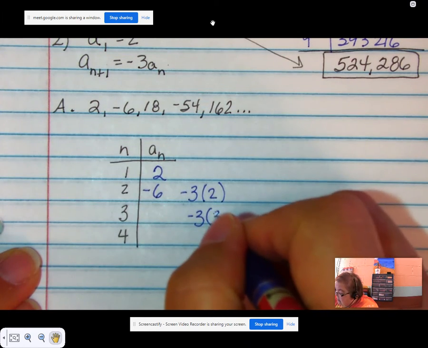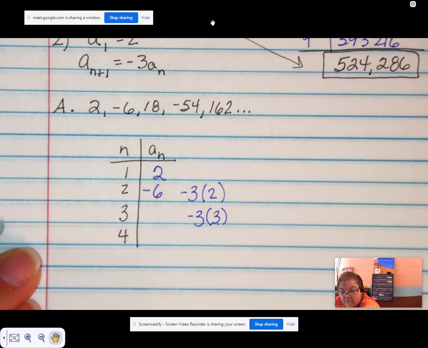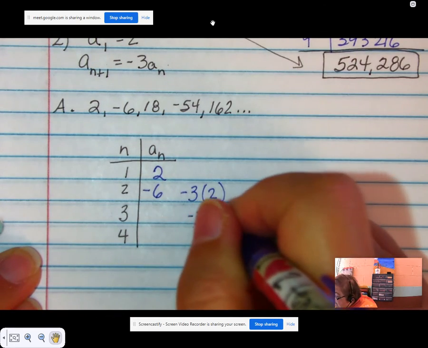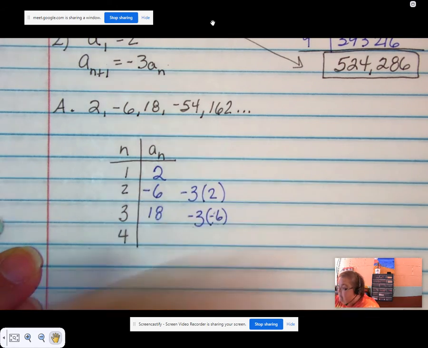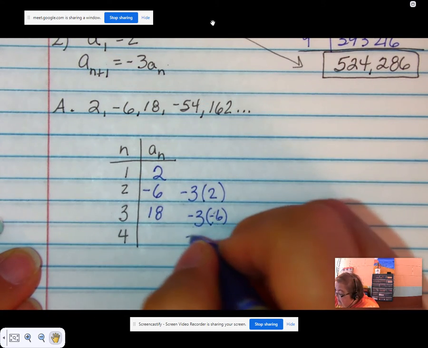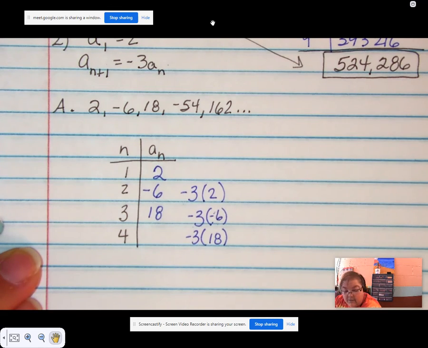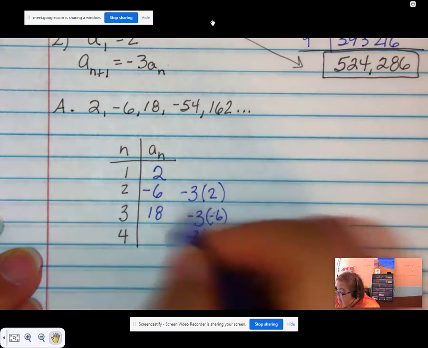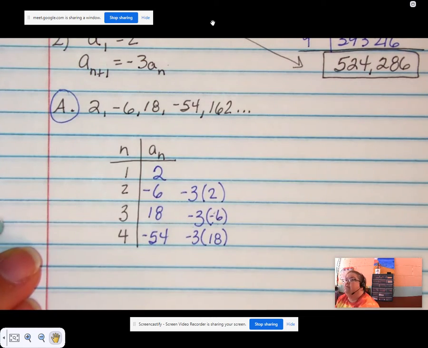So what is negative 3 times negative 6, previous term? I said it right and you wrote the wrong thing. Sorry. So that's positive 18. Then I take the negative 3 times the previous term. And what is negative 3 times 18? Negative 54. So A is the answer.